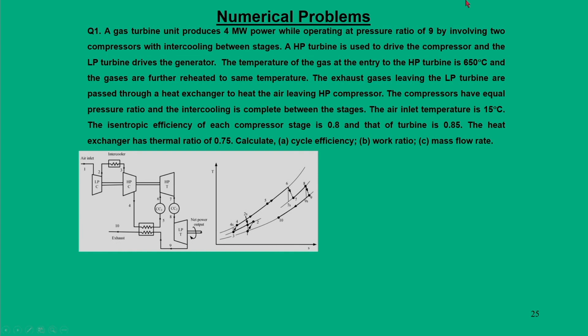To solve, the first step is to calculate temperatures. If you look at the TS diagram, one can draw the process for the entire circuit, since the isentropic efficiencies of the compressor and turbine are given.